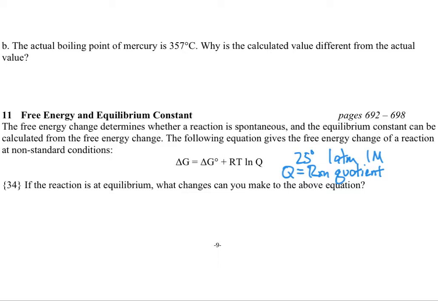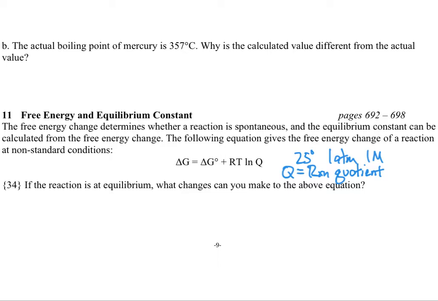And let me talk about this equation in a little bit more detail. The way I like to think about it is that every chemical reaction has a fundamental tendency to be spontaneous or non-spontaneous. And that fundamental tendency, that's what we would call the delta G 0. A combustion reaction has an inherent tendency to be spontaneous. Or let's think about a physical example, that ball rolling down a hill.